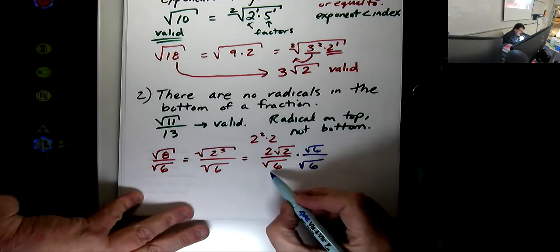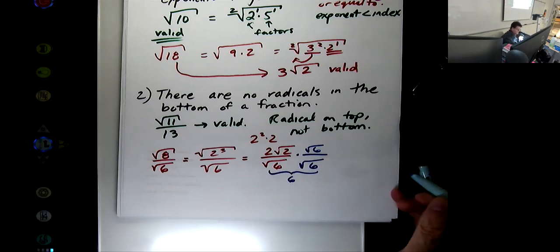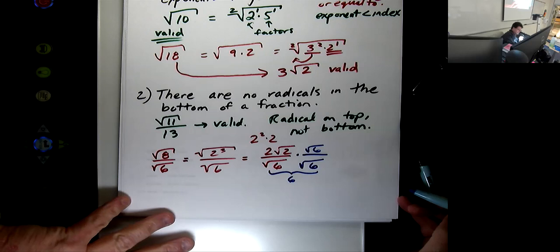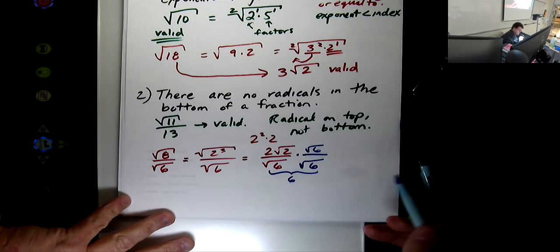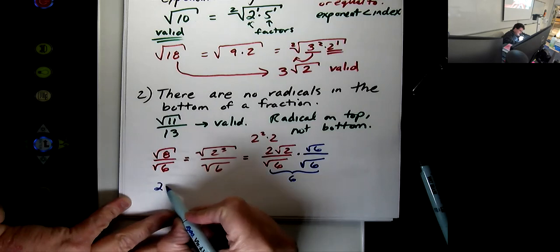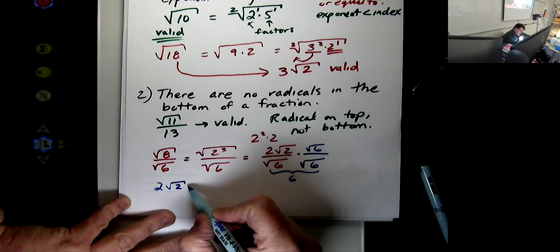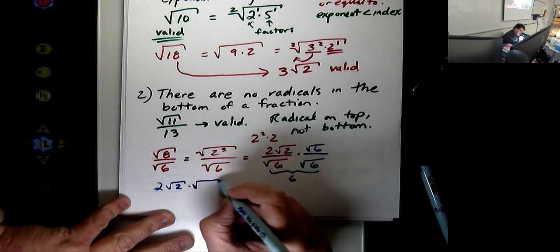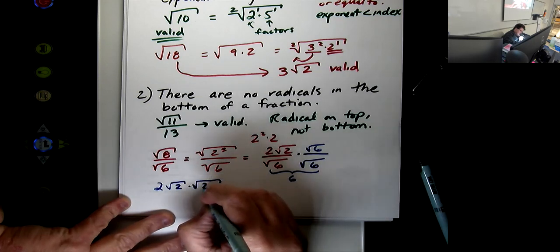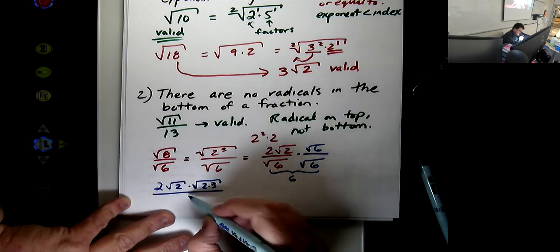Because the square root of 6 times the square root of 6 is just 6. So now I've got 2 times the square root of 2 times the square root of 6. Instead of writing 6, I'm going to write 2 times 3. On the bottom, I just have a 6.